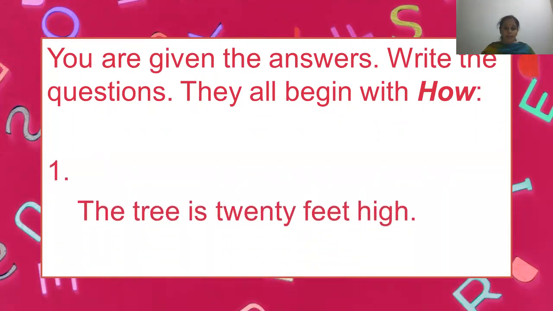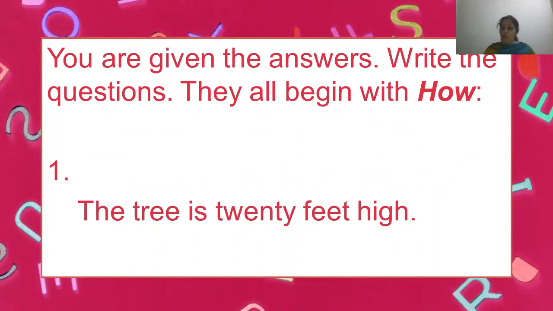The tree is 20 feet high. Okay, so here the answer is 20 feet high. So I have to frame a question such that I get an answer that the tree is 20 feet high. So how should I frame the question?